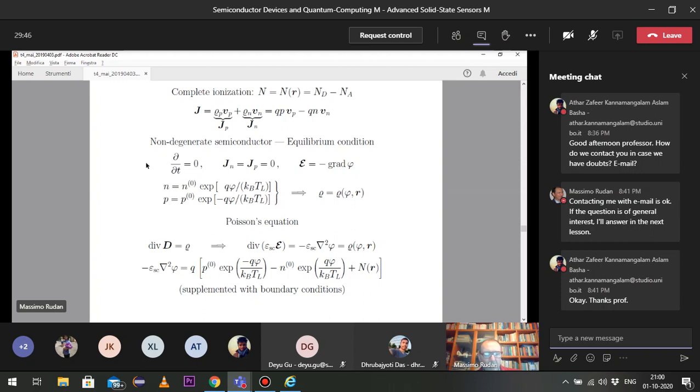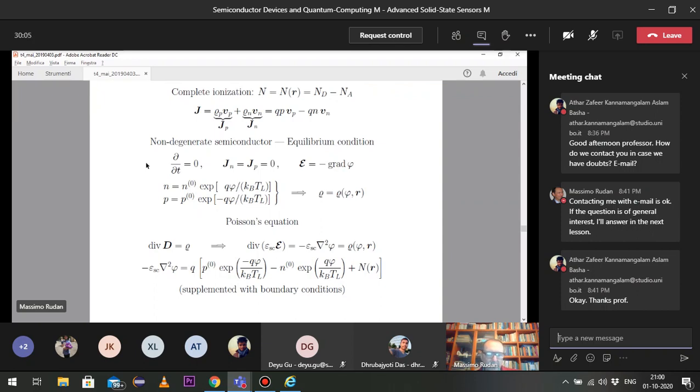For instance, among those that we have considered in the last lessons, it is convenient to use n equal to n0 exponential of q phi over kT.